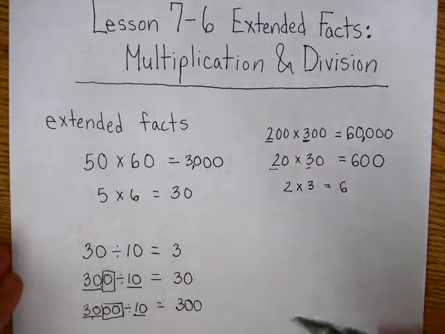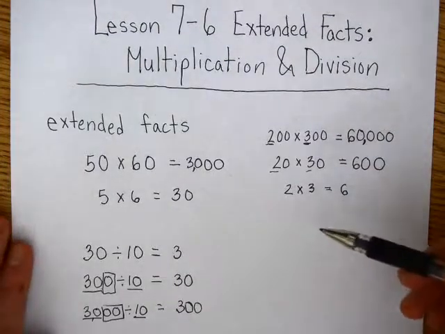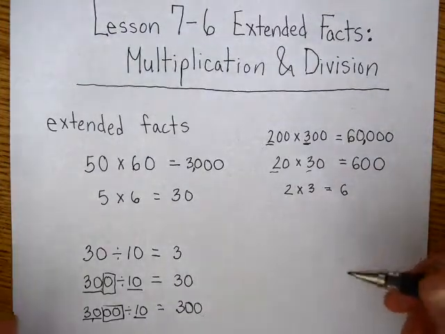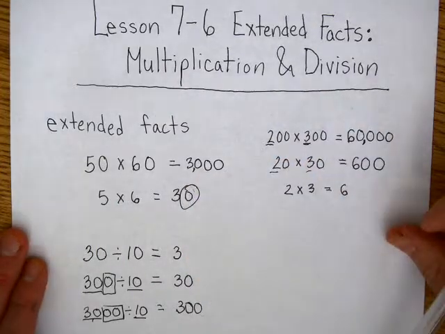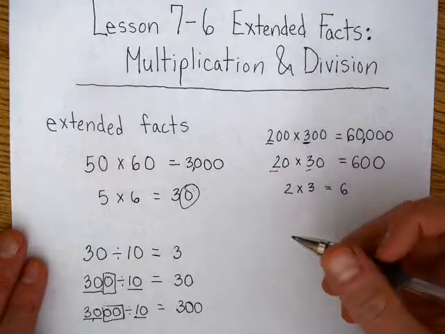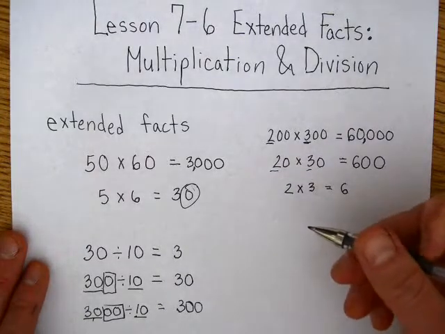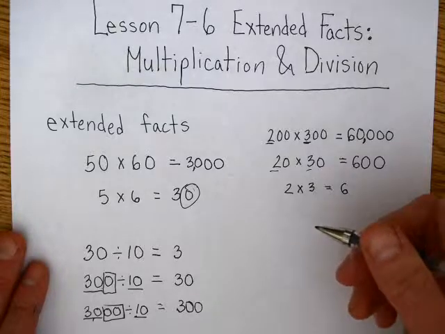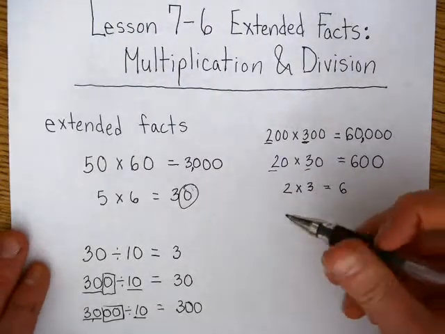We also want kids, in this lesson, to recognize multiples of 10. A multiple of 10 is going to have a 0 on the end of it. We want kids to use multiplication facts to solve problems, so please continue working with the multiplication videos. Continue working with flashcards. Continue practicing those multiplication facts.